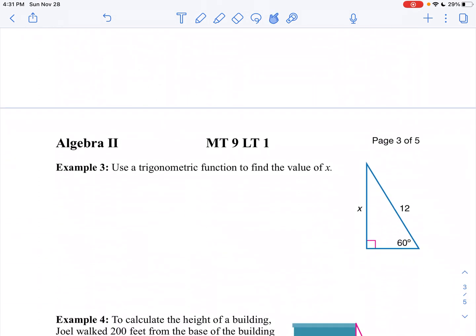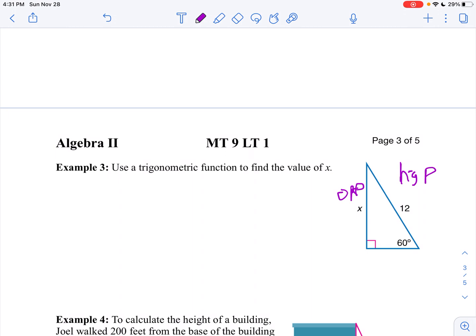I want to use my trig functions to find the exact value of x. So here's my angle, which is 60 degrees. I have the hypotenuse, which is 12. And I'm trying to find the opposite, which is x.